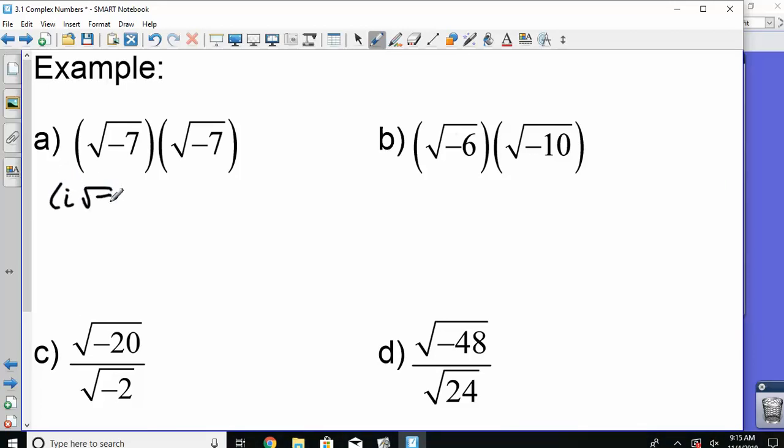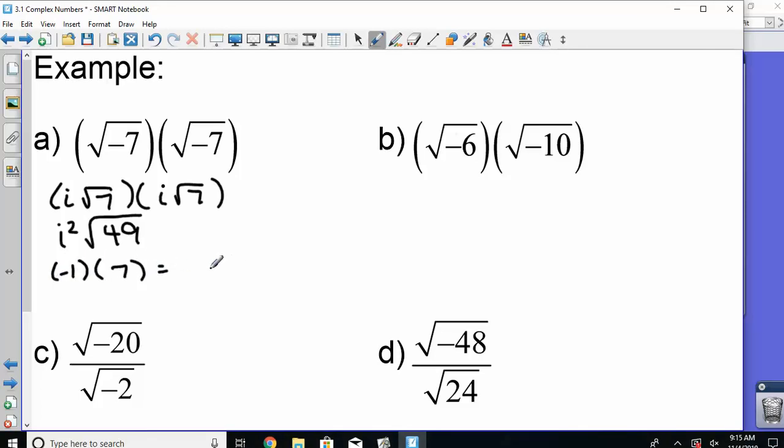This would be i radical 7 times i radical 7. Okay, so now if we multiply, i times i is i squared. When you multiply radicals, you multiply the numbers underneath, so we get the square root of 7 times the square root of 7 is the square root of 49. i squared is negative 1, so negative 1 times 7 is negative 7.